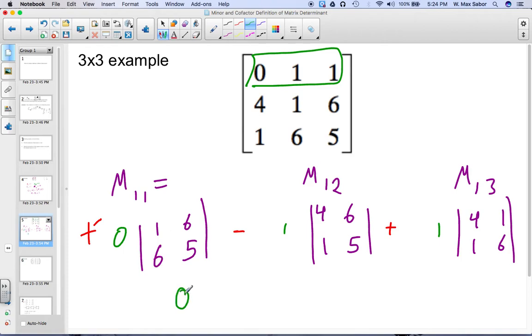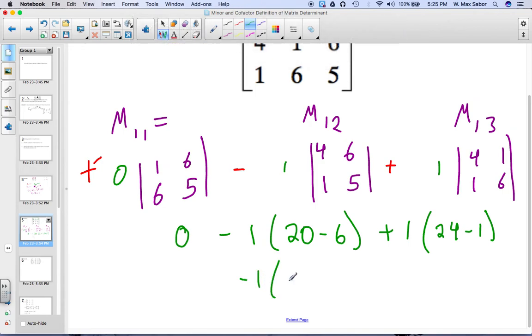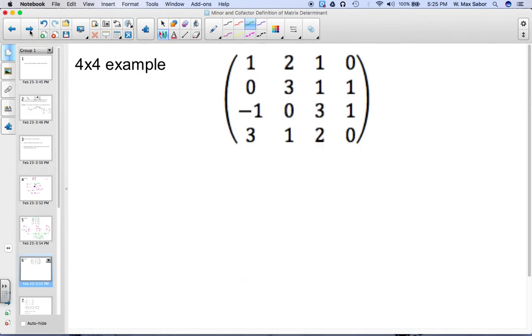So this will all be 0, minus 1 times 20 minus 6, plus 1 times 24 minus 1, gives us negative 1 times 14, plus 23. Negative 14 plus 23 gives us positive 9 as the determinant.